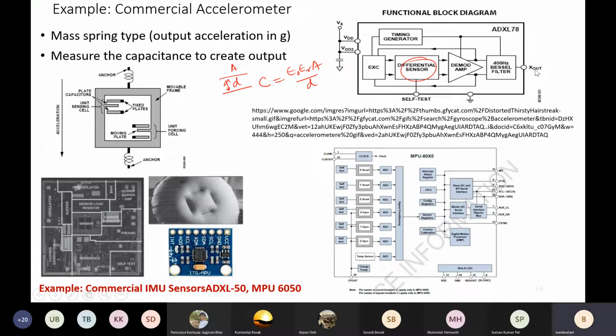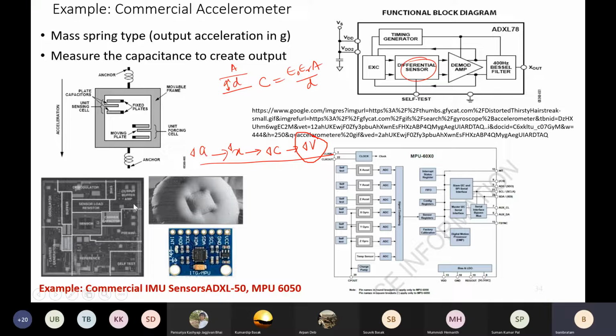That electrical output is a function of the capacitance, the capacitance is a function of the displacement, and the displacement is a function of the acceleration. So basically, delta A is converted into delta X, then delta X is converted into delta C, and delta C is converted into delta V. That is the flow. And finally, from this delta V, we are back calculating or estimating what the delta A is.